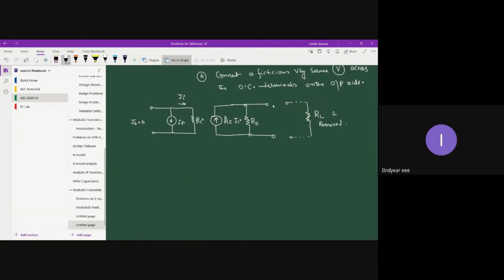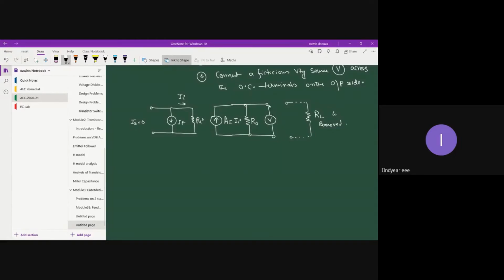And across the open circuit terminals, let us connect a fictitious voltage source V. This fictitious voltage source V is nothing but the open circuit voltage which is available across these two terminals.